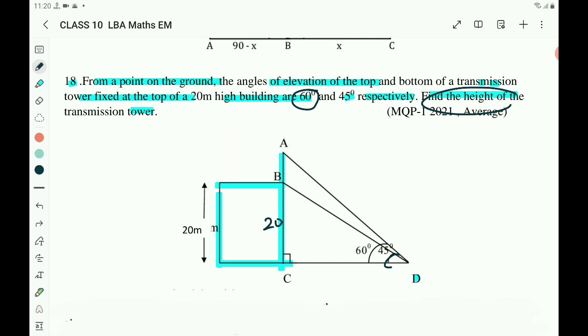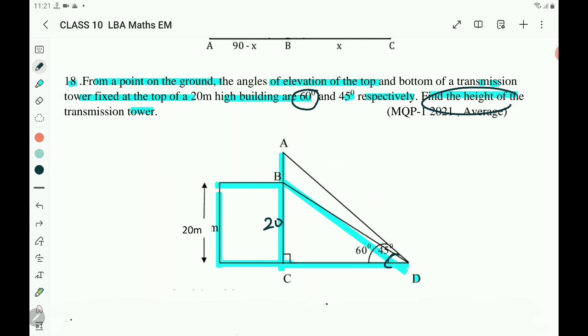By using triangle BCD and the angle 45 degree, it is possible to get the measurement of CD. Once you got CD, then you get AC by using the angle of elevation 60 degree for the right angle triangle ACD.